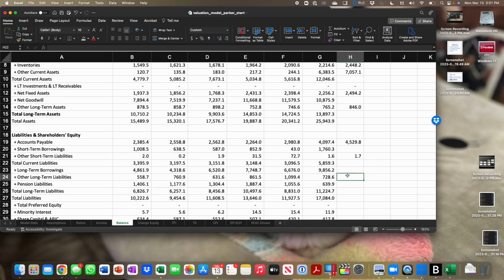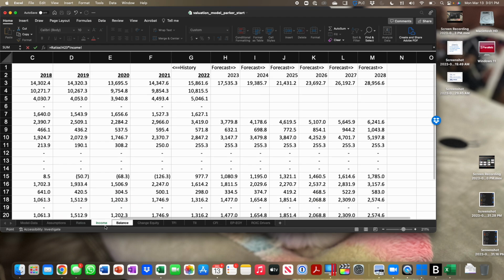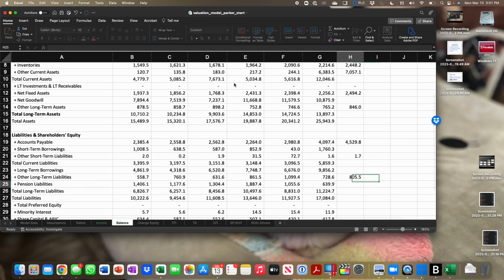Other long-term liabilities equals ratios H23 times income H3. All right, so very quickly, if I've done this right, and I put in the right rows, lots of cells here, so just be careful when you're copying and pasting. These are the key items based on the ratios that we have forecasted for the balance sheet.